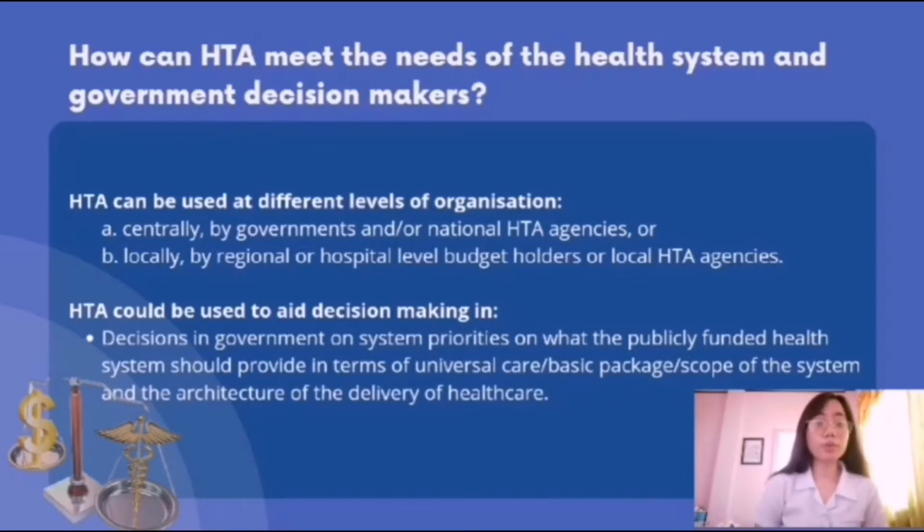HTA could also be used in decision making relating to macro-organizational issues and micro-organizational issues. When we say macro-organizational issues, it includes the architecture of service delivery, choice of reimbursement mechanism, and the workforce mix. And when we talk about the micro-organizational issues, it relates to individual technologies and their combinations in clinical guidelines and pathways.